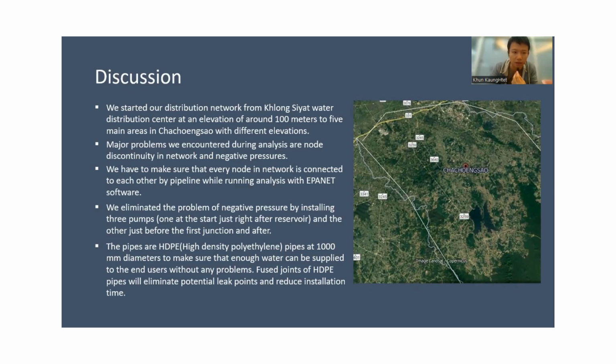We eliminated the problem of negative pressure by installing 3 pumps: one right after the reservoir, one before the first junction, and the last one after the junction. After installing these 3 pumps, our negative pressures disappeared, the flow was okay, and the run was successful. So these are the tips we need to be careful about while running the EPANET software.